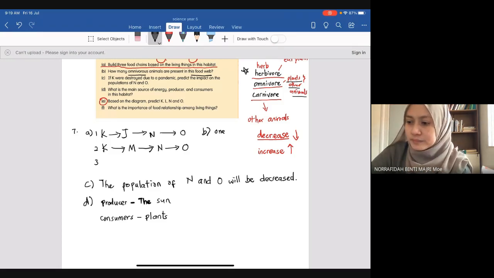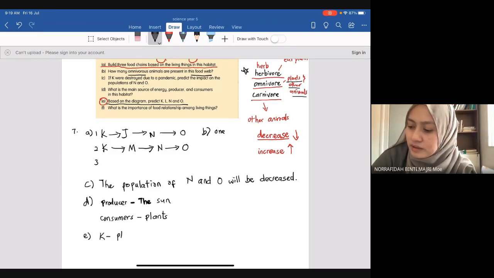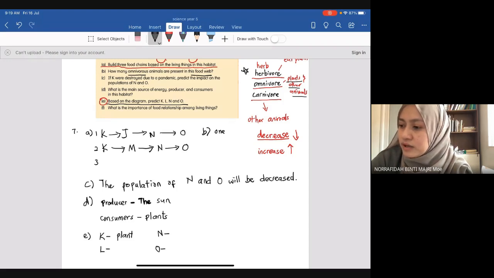E. Based on the diagram, predict K, L, M, and O. Predict means you write down whether K is plant. K is plant, right? And then L, N, O, you write down herbivore, omnivore, or carnivore.